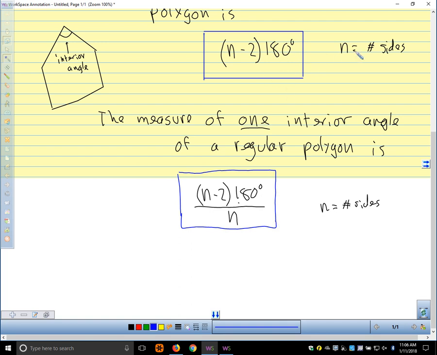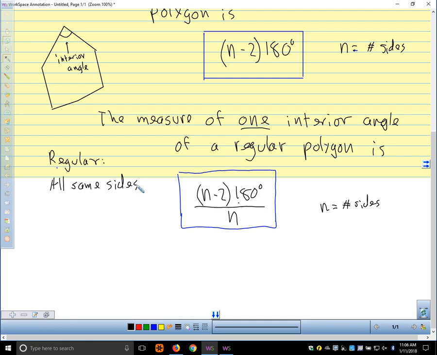And let's make sure that we all remember, what do we mean when we say the polygon is regular? Sides are the same? And what else?